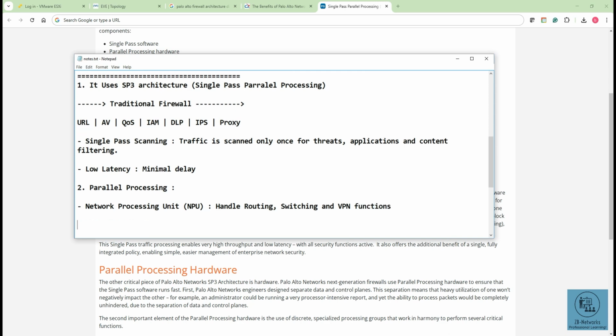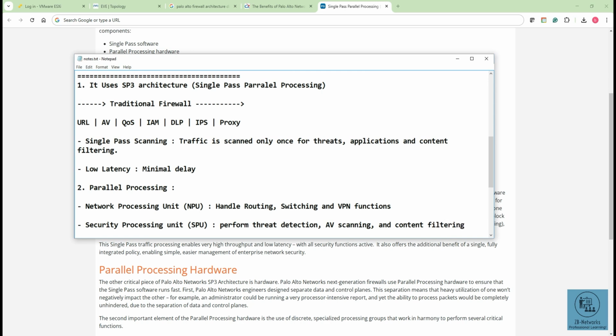That is the NPU's job. Another component that is part of the parallel processing is a hardware called the security processing unit, or SPU. It is going to perform threat detection, antivirus scanning, and content filtering, for example URL filtering and file type blocking.